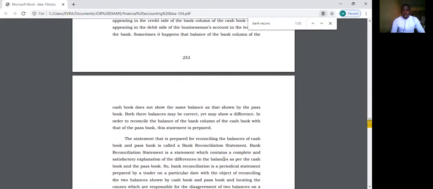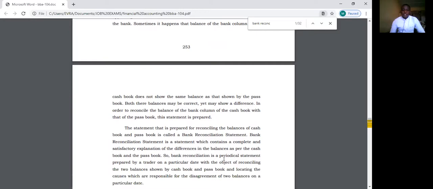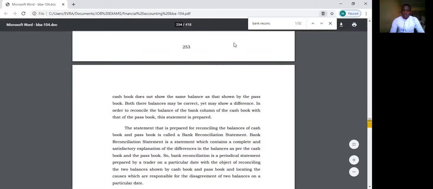Bank reconciliation is a periodical statement prepared by a trader on particular dates with the object of comparing the two balances shown by the cash book and the passbook and locating the causes which are responsible for the disagreement of the two balances on a particular date. My friend, try to understand this more clearly.